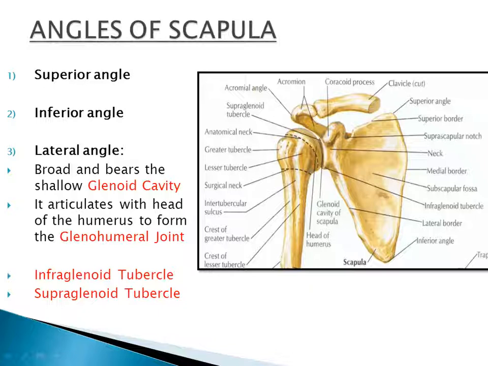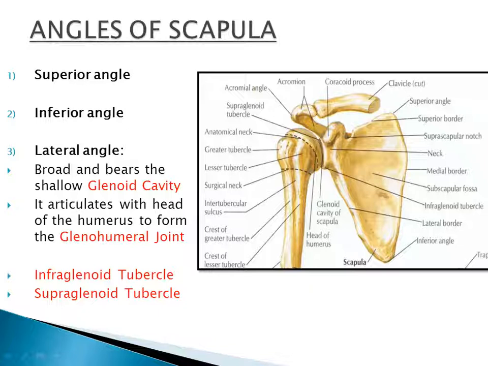This glenoid cavity of the scapula articulates with the head of the humerus to form the glenohumeral joint, which is also called as the shoulder joint. So, the shoulder joint is formed between the humerus and the scapula.